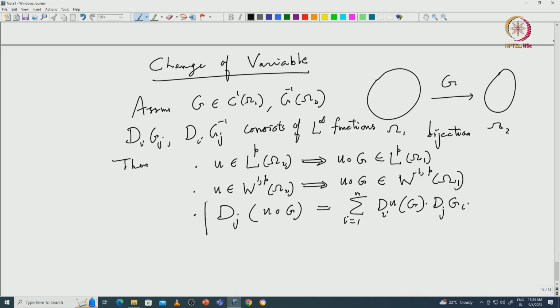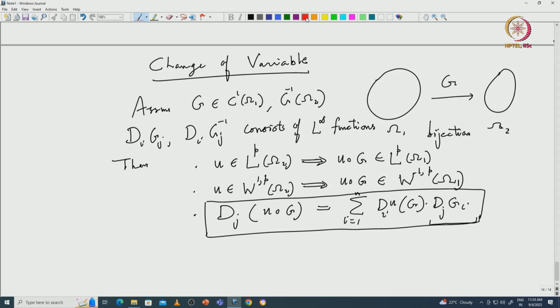So, you have this, similar to the classical formula, as distributions. These functions are smooth functions, not only L infinity functions, so there is no issue. There are a couple of more results.